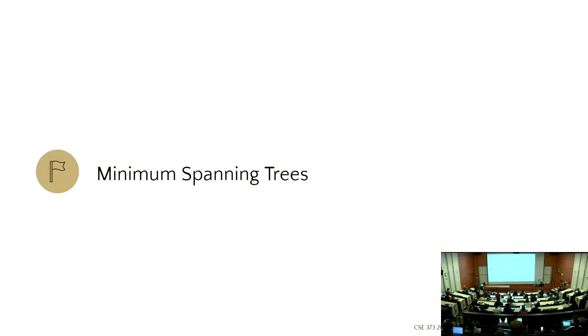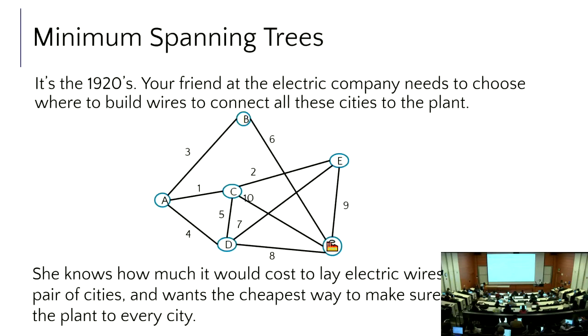Okay. So let's talk about this thing called minimum spanning trees, or MSTs. Go with me on a journey, if you will. It's the 1920s. It's technically before any type of electronic computer has been created, though Ada Lovelace has written notes as the first computer program.